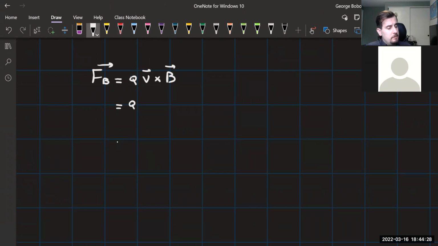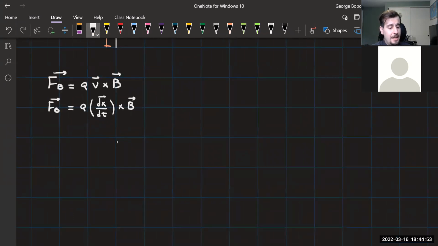Well, you would say it's related to the derivative of position, right? Okay, so I can write it like this right now. And then I can move derivatives around. So I'm still okay. This is still applicable to point charges, but let's say I wanted to apply that to a little infinitely small portion of a wire.